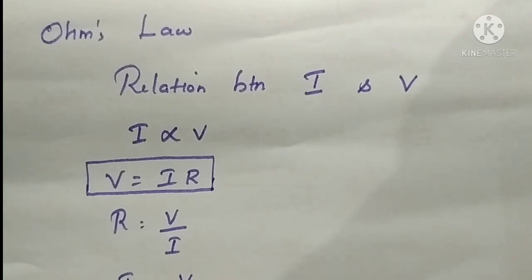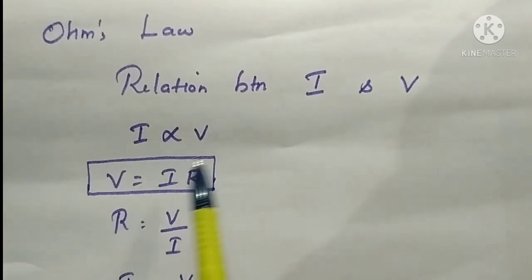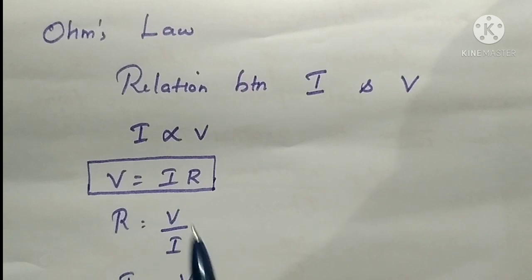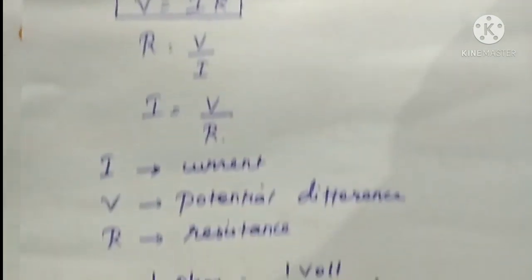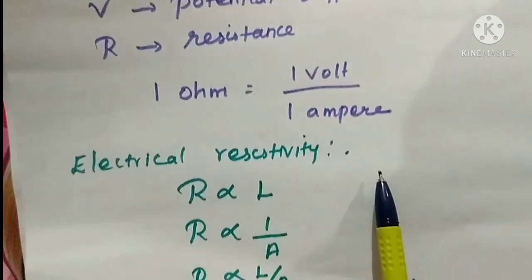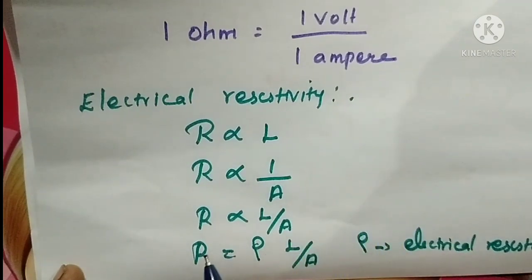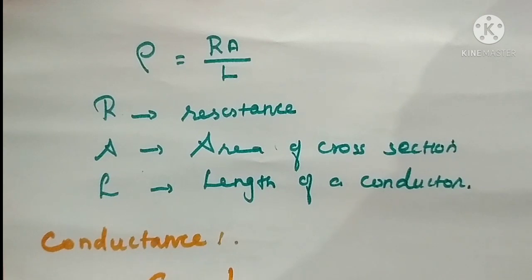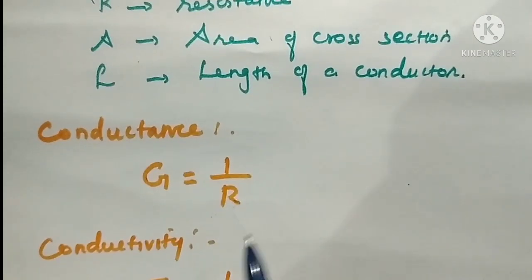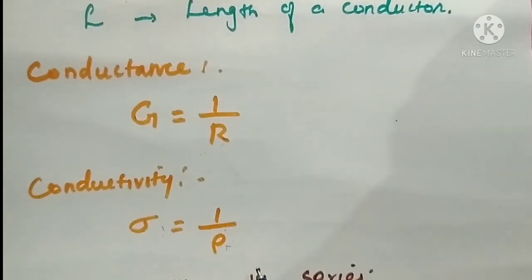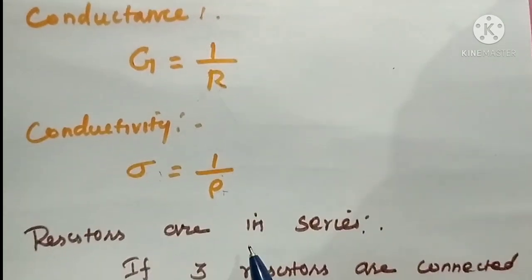The important relation, Ohm's law: I proportional to V, V is equal to I into R. For electrical resistivity, resistance is equal to rho L by A, so rho is equal to R A by L. Conductance G is equal to 1 by R. Conductivity sigma is equal to 1 by rho.